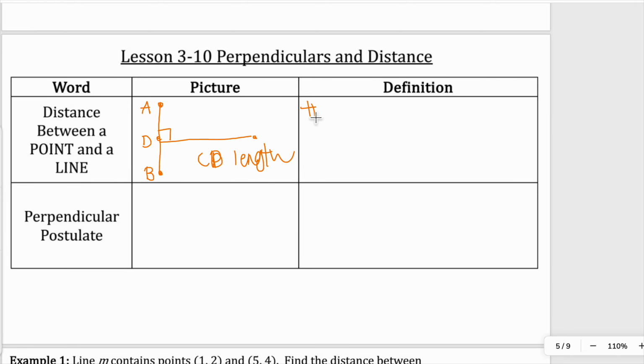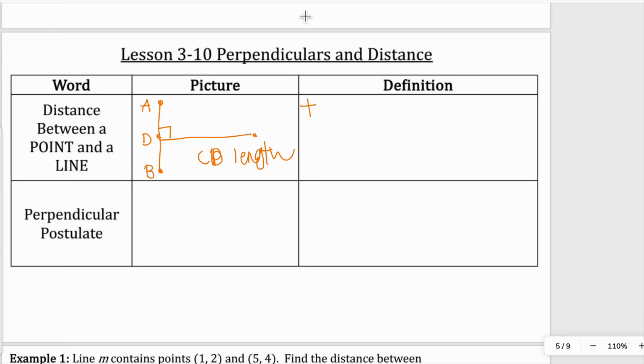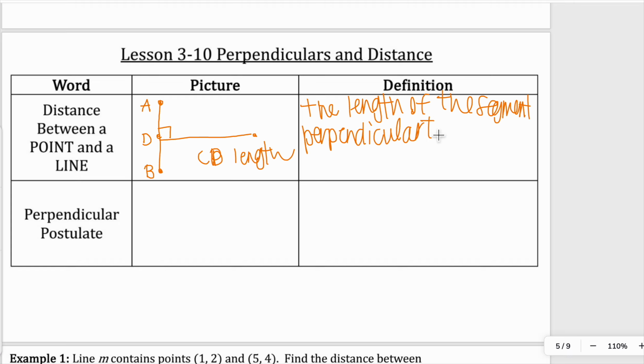So the length of the segment perpendicular to the line from the point. So in this case, looking at point C to D.